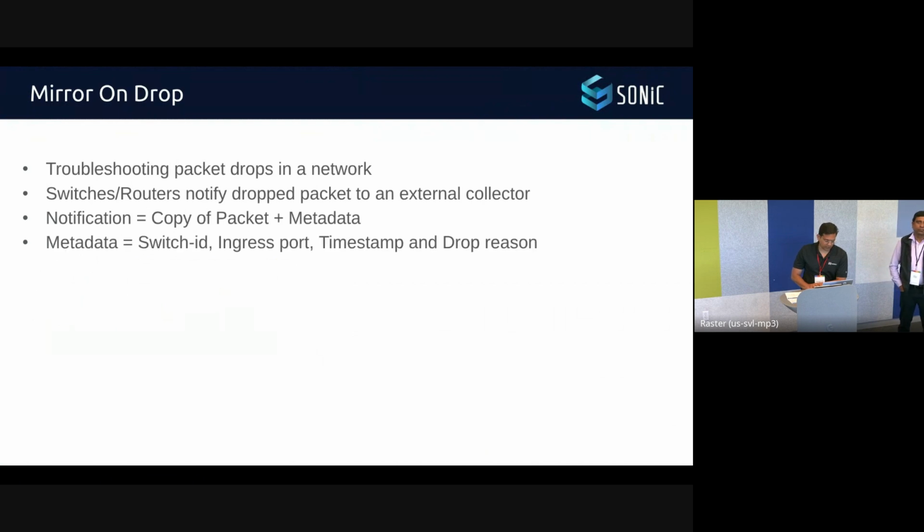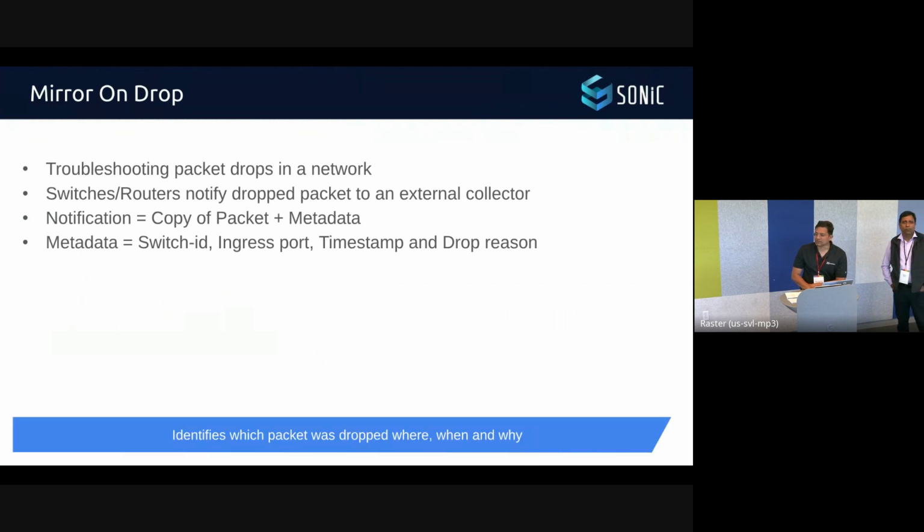The metadata will contain the switch ID, the switch at which the packet was dropped, the ingress port on the switch, the timestamp of the drop event, and the reason why the packet got dropped. With all this information, it becomes easy to understand which packet got dropped, where in the network, at what time, and why.